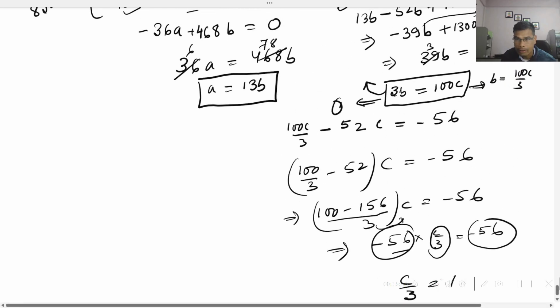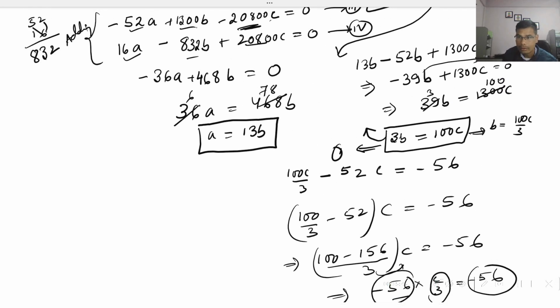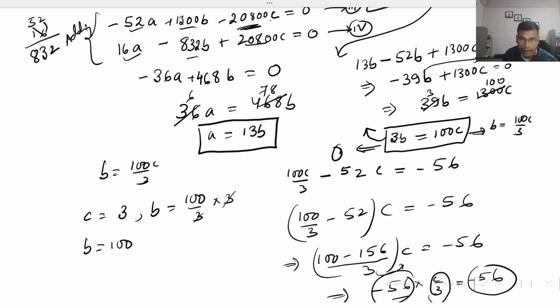So now let us go back. c is 3, and b is equal to 100c by 3, so b is equal to 100 by 3 into 3, which implies that b is equal to 100. Then finally a is equal to 1300.